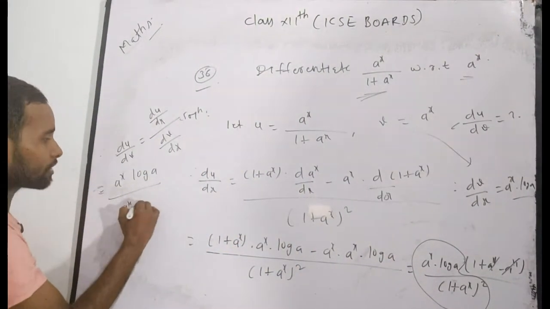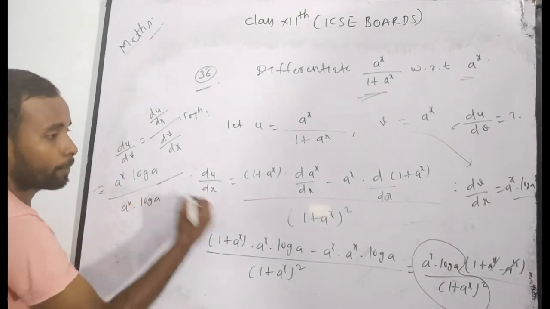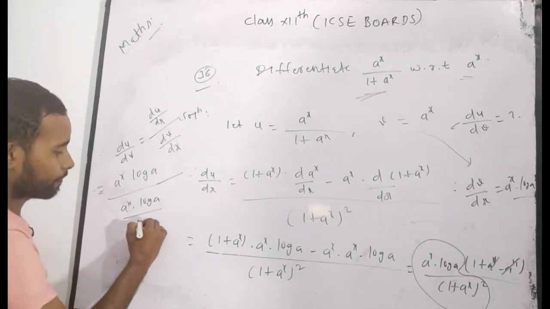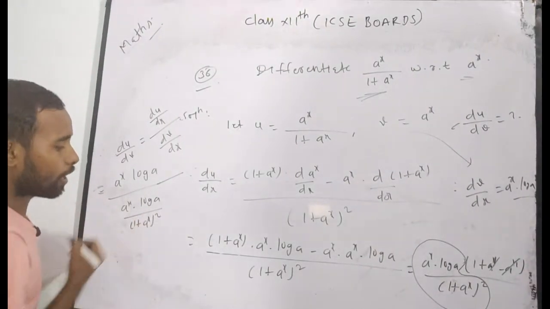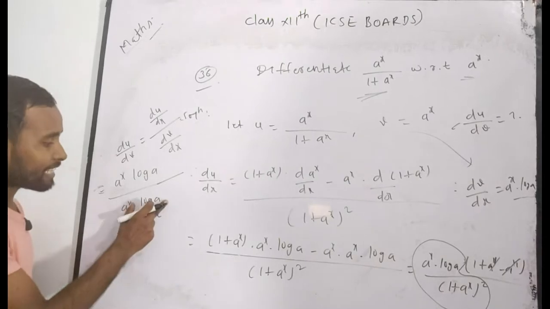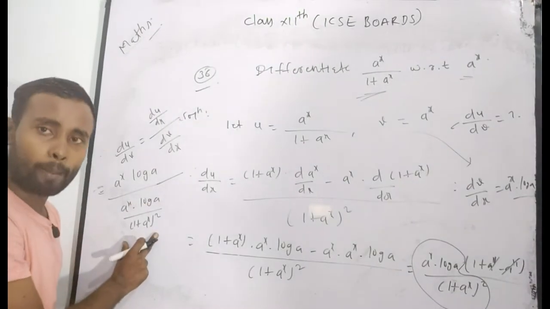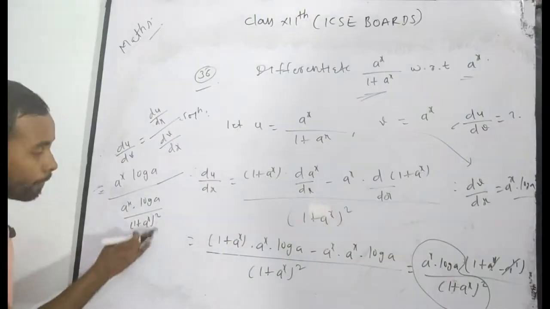Write here a to the power x into log a by (1 plus a to the power x) whole square.